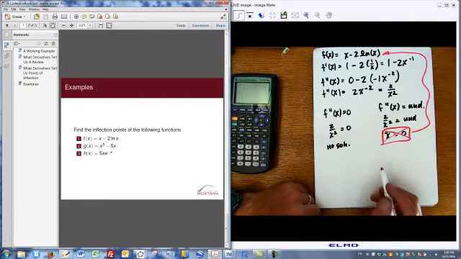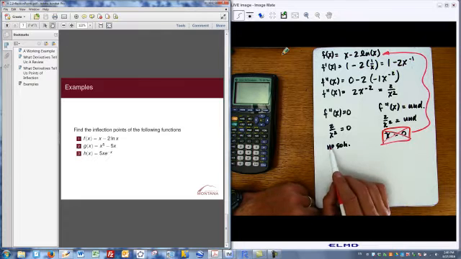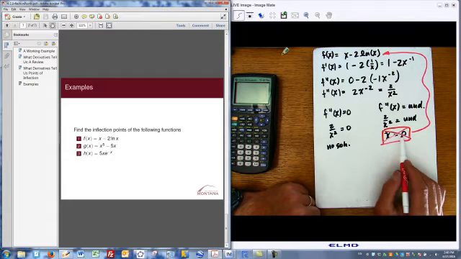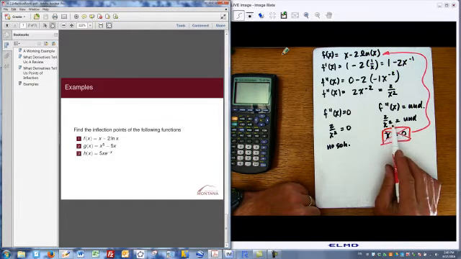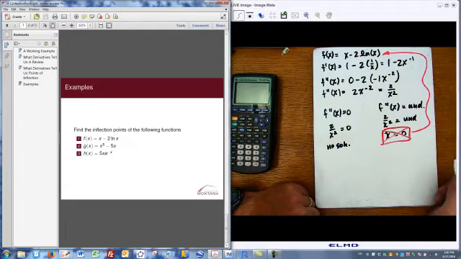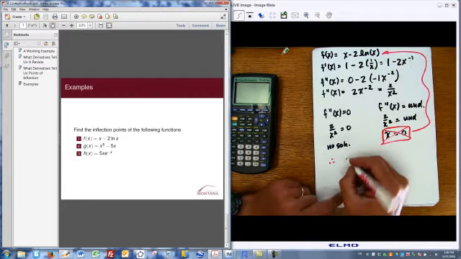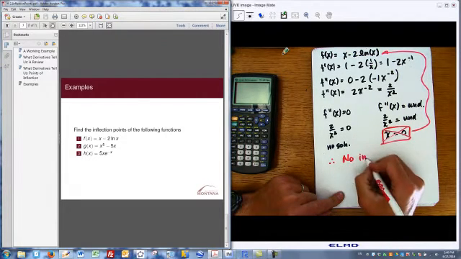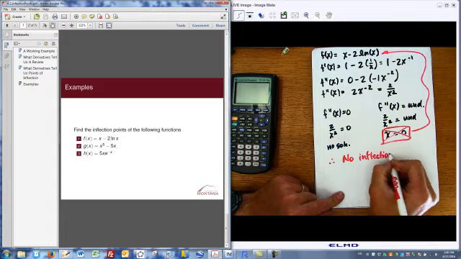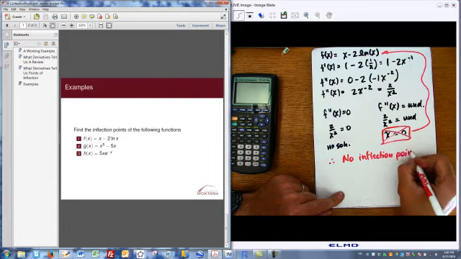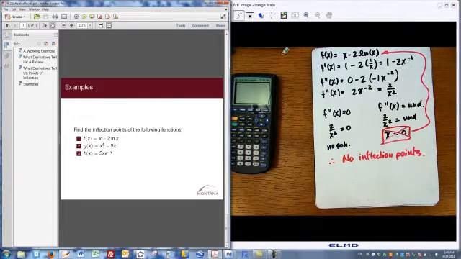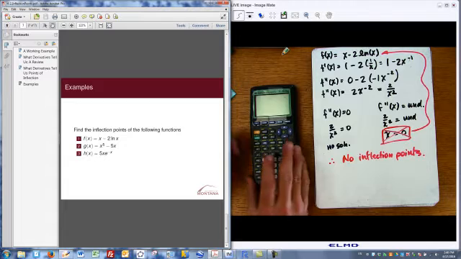So what can we say? So if there is no solution here and the one undefined point in the second derivative is not part of the domain of the function, then what that means is that there are no inflection points on this graph. So what that means is that the graph is either all concave up or all concave down.